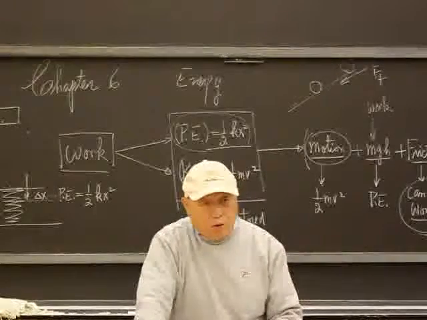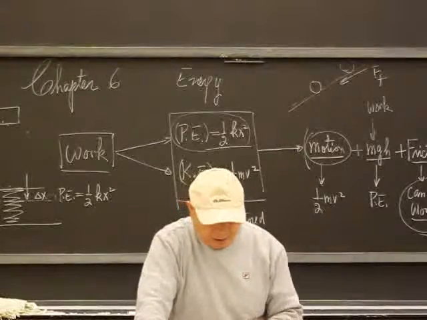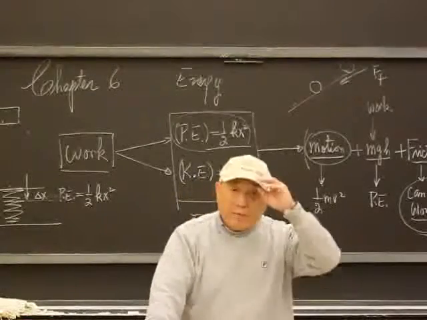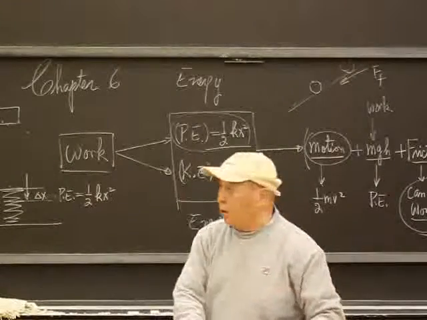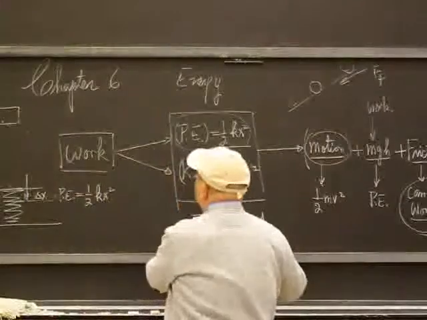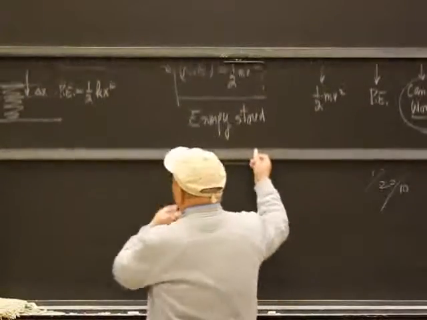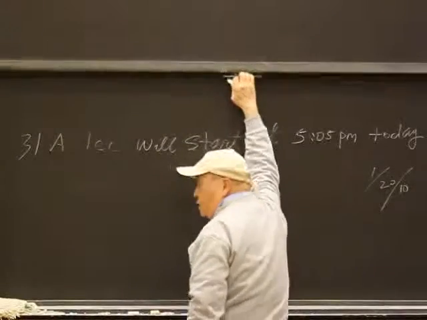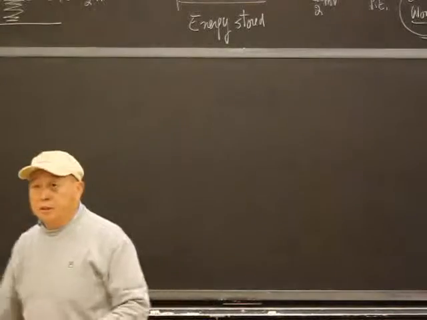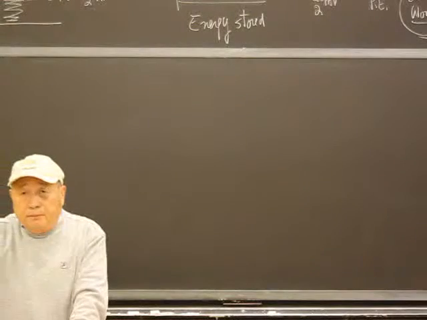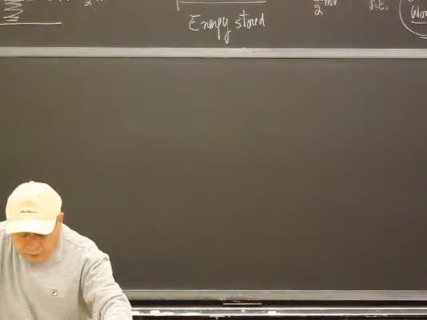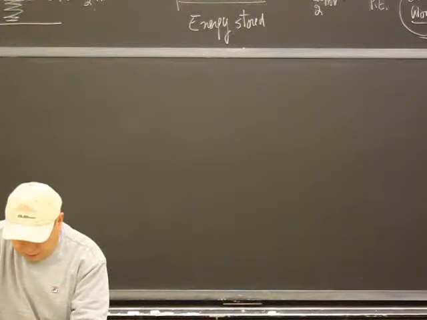Reviewing chapter 4 and chapter 5 at the same time. Now, chapter 5 has no homework. The only homework we have on chapter 5 is I want you to study the examples. Now we would like to compare what we learned in chapter 4 and what we learned in chapter 5.